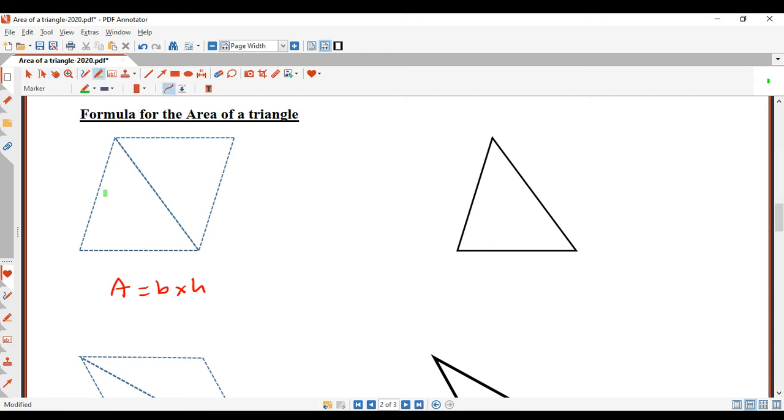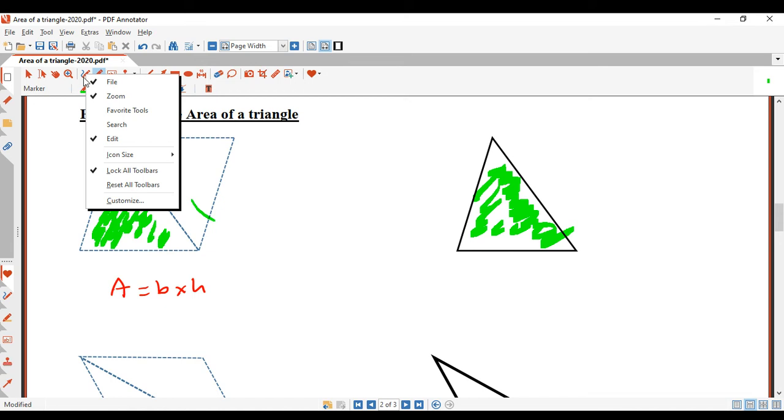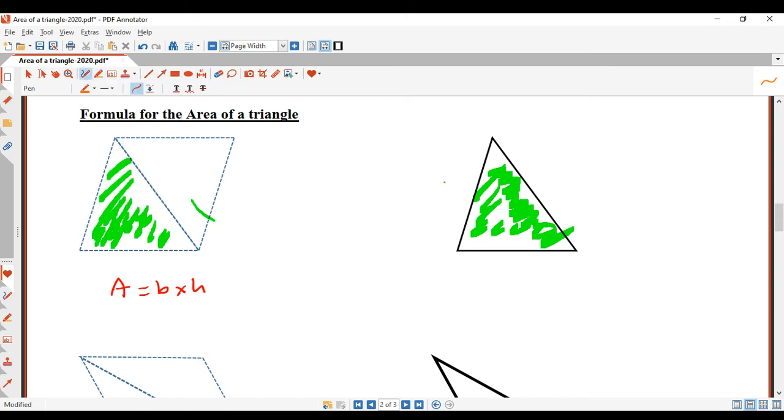So two of these triangles makes this parallelogram, which means we could just shade that in nicely. So this area here, and this area here is the same, okay? And because we've used two of these triangles to make the parallelogram, that means the triangle itself must be half. Okay, so the area of this triangle is half the area of that parallelogram.